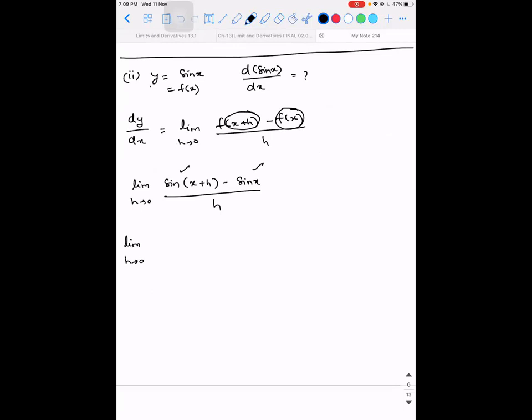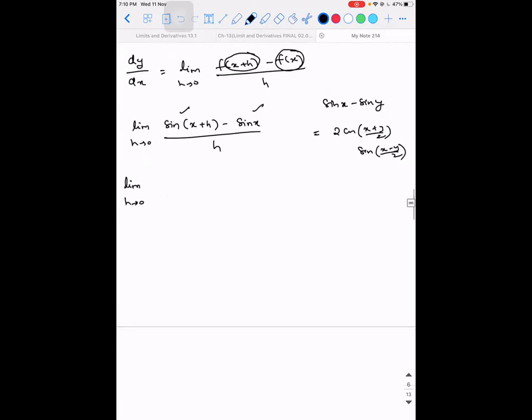So what we are going to do is limit h tends to 0. What is the formula for sin c minus sin d? There is a formula for sin x minus sin y. If you revisit trigonometry, it is given as minus 2 sin of... Sorry. It is not minus. It is 2 cos of (x plus y) by 2 sin of (x minus y) by 2.